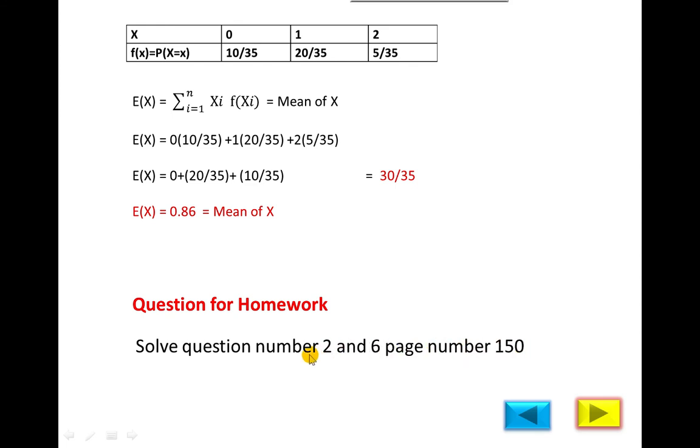In question number 2, the same as this question, the formula is given. Substitute the value of x, you will obtain f(x) or probability of x. And in question number 6, values of x and f(x), probability of x, both are given, same as the previous example.